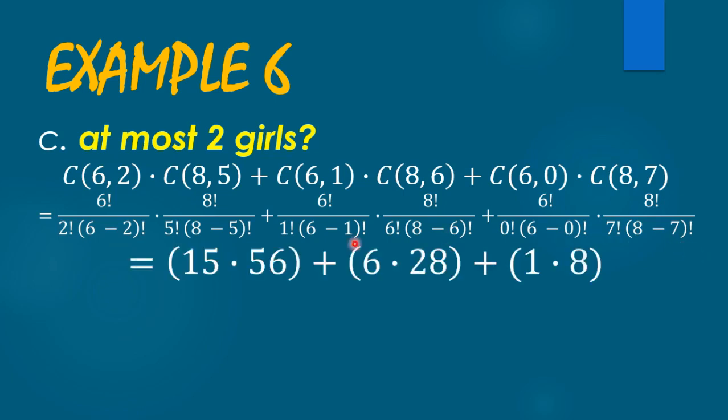Simplifying the expressions, we'll have 15 times 56 plus 6 times 28 plus 1 times 8, or this will be equal to 1,016 ways.